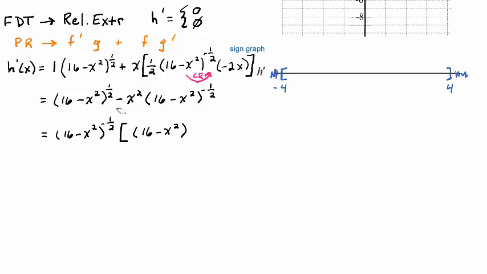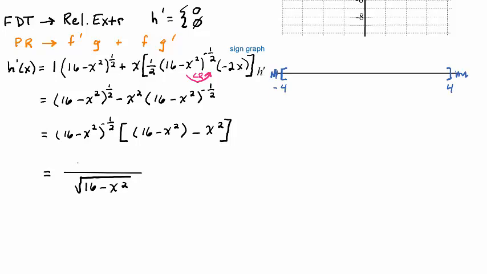Then we have this minus sign that we have to bring down. And then from this term, we've factored out the 16 minus x squared to the negative 1/2, and we just have left x squared. We can write this now as a rational function. This 16 minus x squared to the negative 1/2 will go into the denominator as the square root of 16 minus x squared.